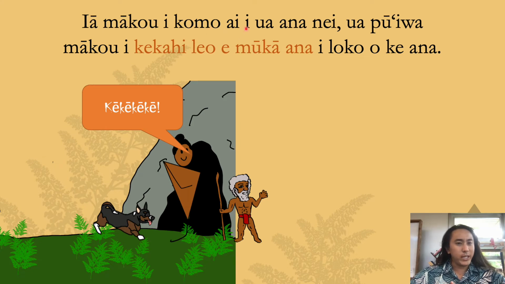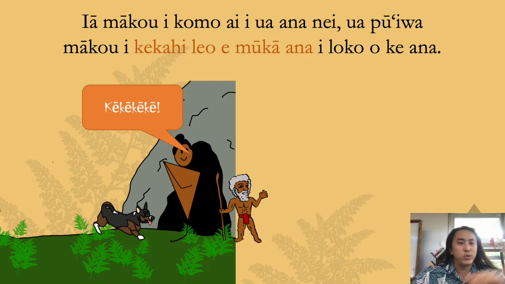Ia mākou I komo ai, maybe a new phrase for you guys. Ia mākou e komo ai, while we entered, ua ana nei, that aforementioned cave. Ia mākou I komo ai, while we entered, iau e hele ana, while I was going, iau e hele ana I ka hakai, while I was going to the store.